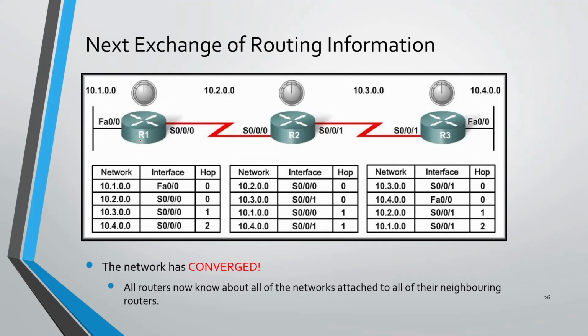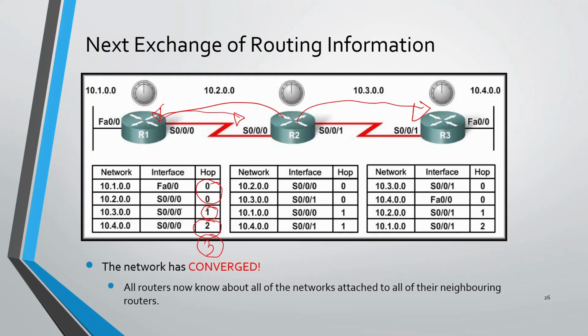Okay, so after each update, if your routing table does not change, like this is the initial table, this is the first update and this is the second update, and for the third update, if again router R3 sends this information to R2 and R2 sends this information to R1 and R3, is there going to be any change in the routing table?